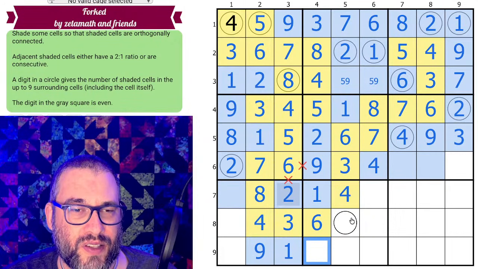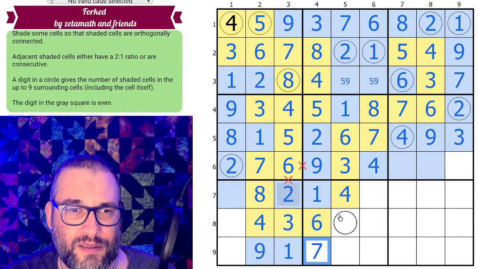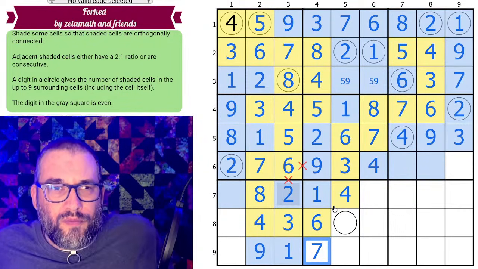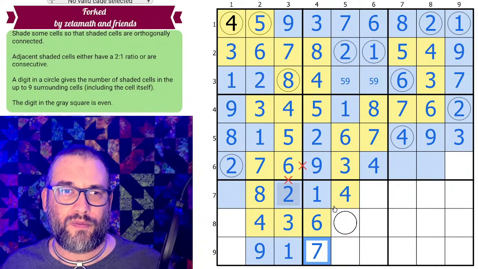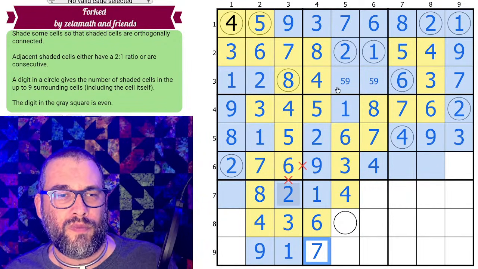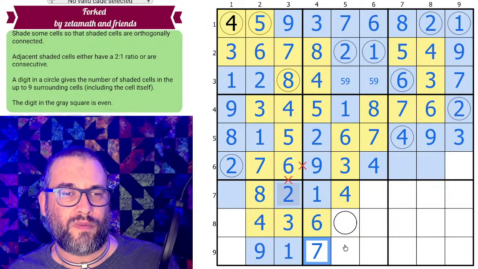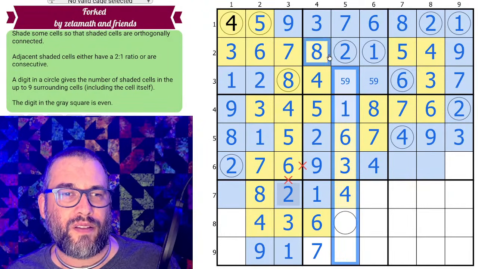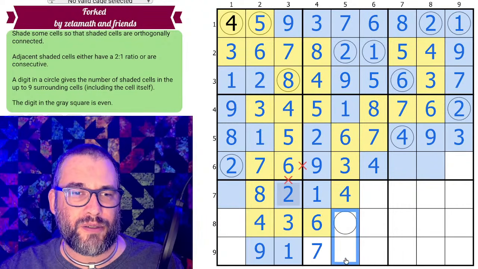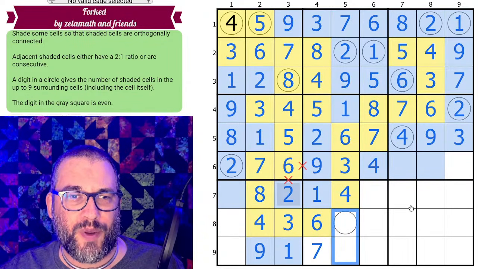And this is a 7, which could be shaded. There's only one place for 9 in this column, and it's there. So we can write in this pair, which might be illuminating.